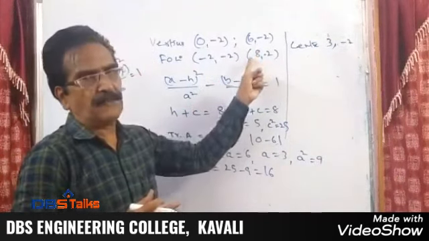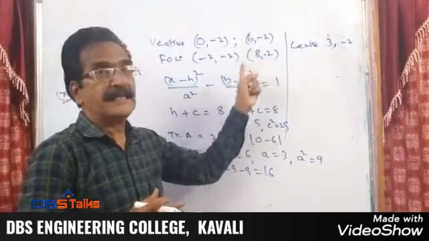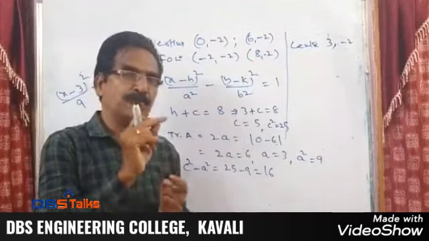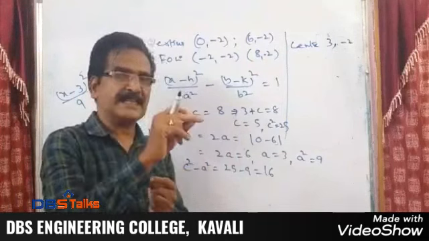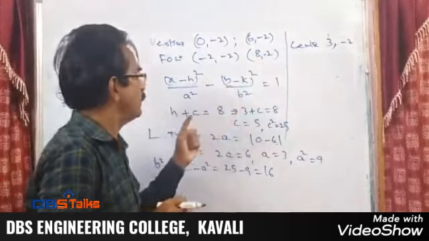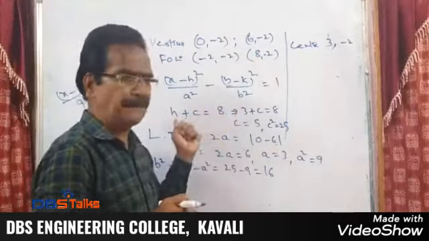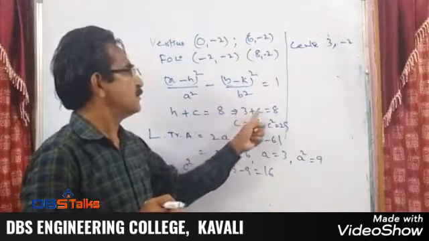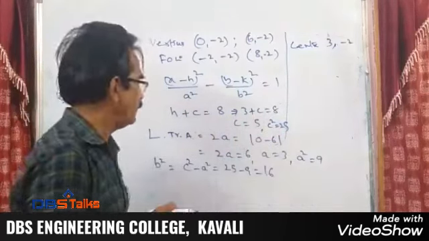What is the x coordinate of the foci here? 8. This 8 is h plus c. Normally we find c and then we add h. So c plus h is equal to 8, so c is equal to 5, c square 25.